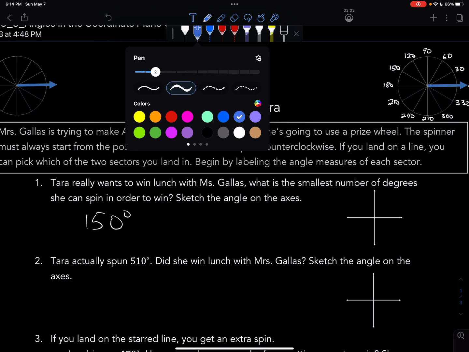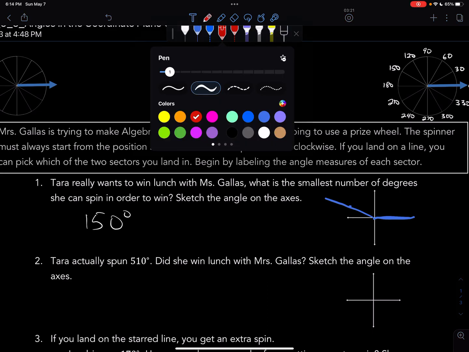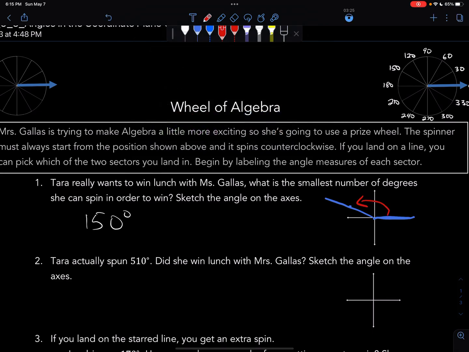Make my pencil a little bit bigger. So we start here with the initial side, and it's going to end about right here, 2/3 of the way through quadrant 2. Again, we have this arrow, which we'll draw in.